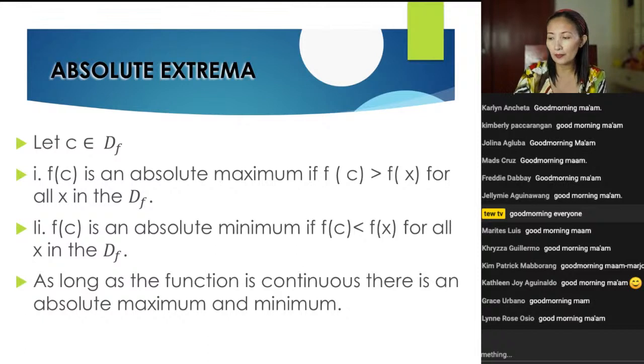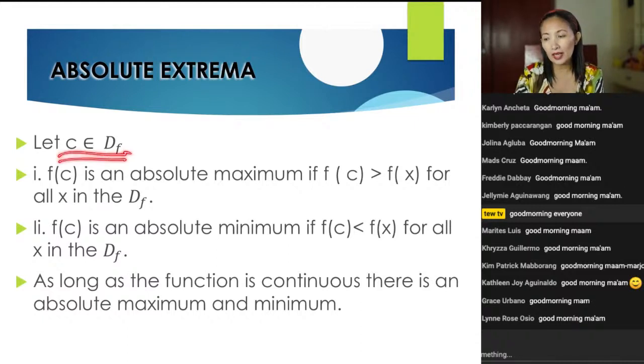Let's see absolute extrema. What do we mean by absolute extrema? Absolute minimum and absolute maximum. Let c be an element of the domain of the function.